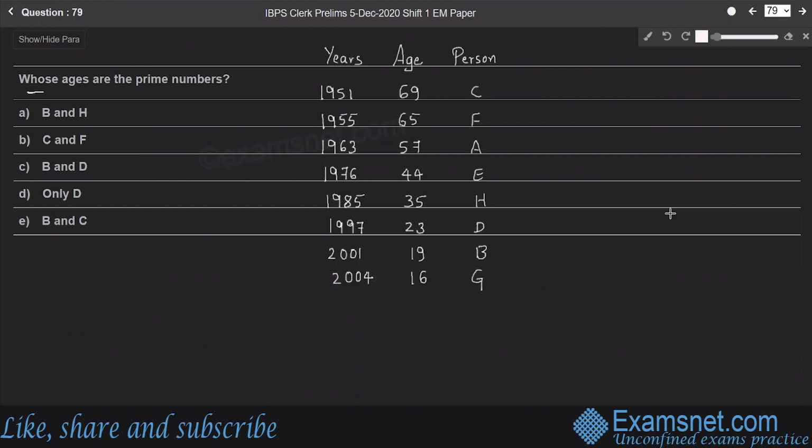Question 79. Whose ages are prime numbers? Prime numbers are the numbers which are divisible by only 1 and the number itself.